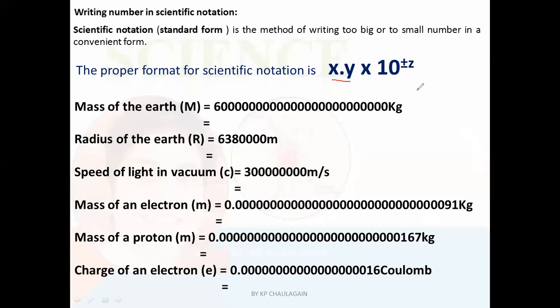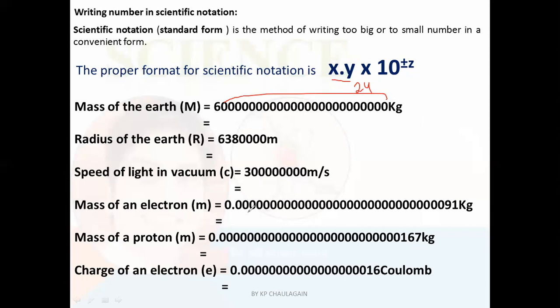Let's take some examples. Here, the mass of the earth is denoted by its value, which is 6 followed by 24 zeros. This is a very large number.